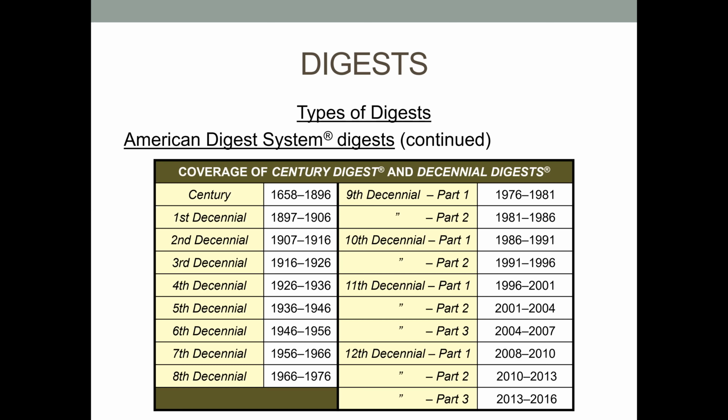So again, just remember a decennial digest is simply a synthesis and a replacement of all of the monthly volumes of the general digest that had been issued for the 10-year period that the decennial digest covers. And once you have a decennial digest, then it completely supersedes all those general digest monthly volumes that came out during that period.